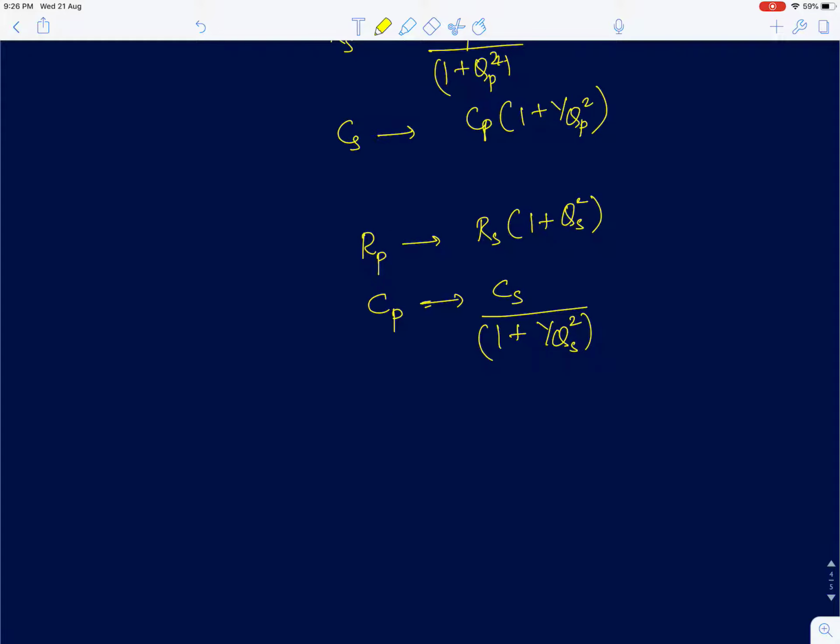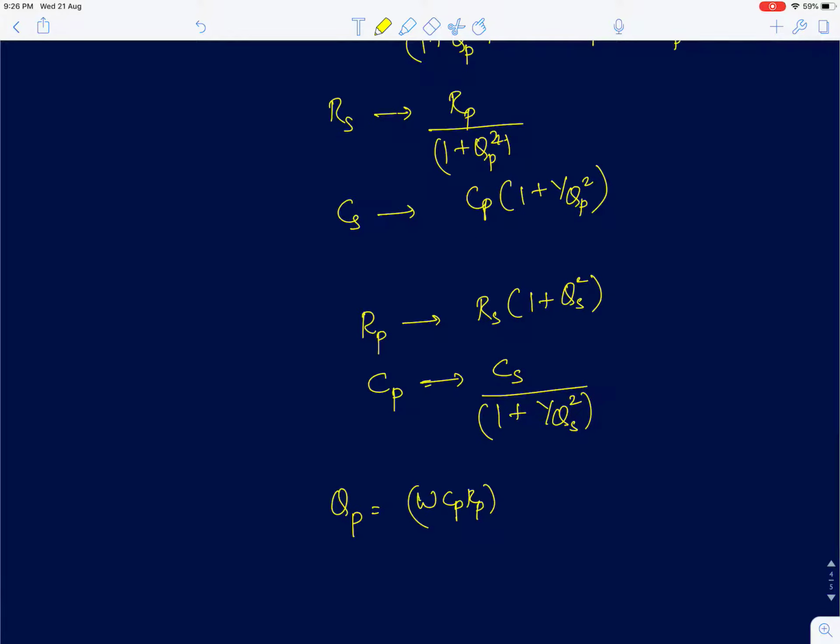Now you should understand that your Qp is actually omega Cp Rp. So in place of Rp and Cp, if I use Rp as 1 plus Qs square into Rs, and Cp as Cs by 1 plus 1 by Qs square, I'll actually get this result.